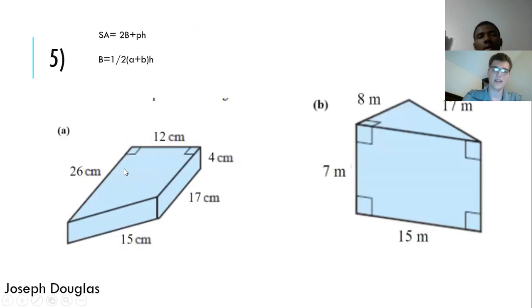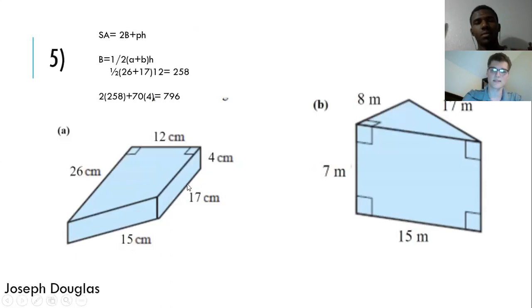To find the area of the base, we need to take 1/2 times A plus B, meaning the length of these two sides, 17 plus 26, and multiply that by the height. So 26 plus 17 times 1/2 times 12 gives us 258, which means the area of this trapezoid that forms the base of the prism is 258 centimeters squared.